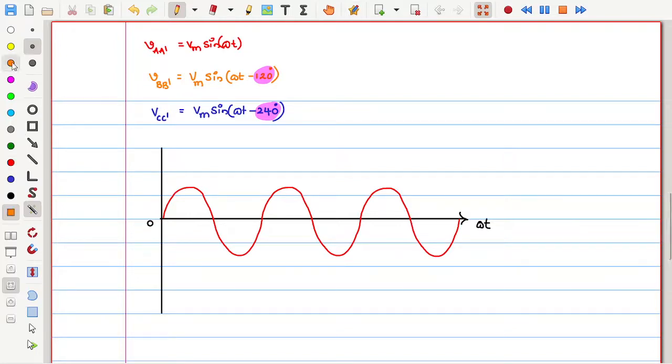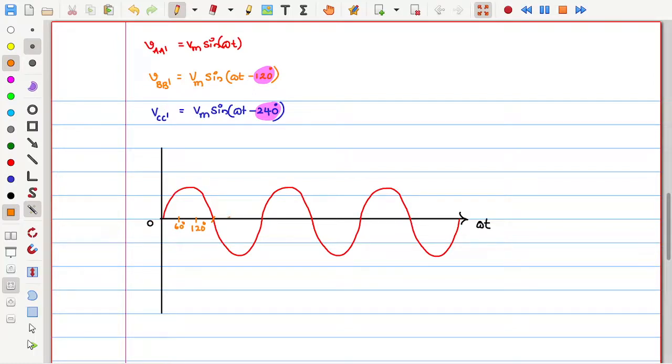Next, let me take the second one. When omega t is equal to 120 degrees, that means this is, let us say, 60, 120, 180. So this is 120 degrees, this is 60 degrees, this is 0 degree.